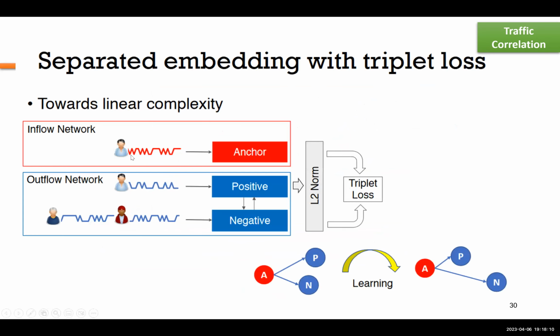So now the way we try to train a network to do this correlation with as little error as possible is we use this triplet loss contrastive learning approach, where we train these deep learning networks to basically reduce the distance in an embedding space between known pairs and then increase the distance between unknown pairs.